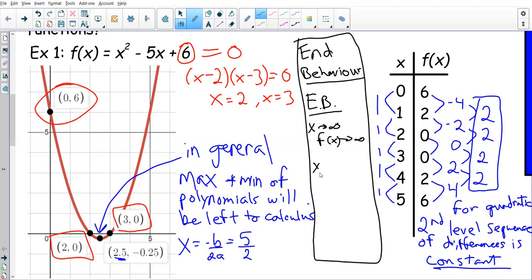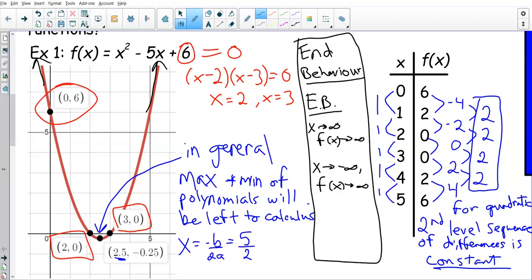If I look at what happens as x goes to negative infinity, well, then the function goes to infinity, right? This graph is going to continue to grow. And so as I move out to either positive infinity in x or negative infinity in x, that function continues to grow and the function is going to approach infinity.